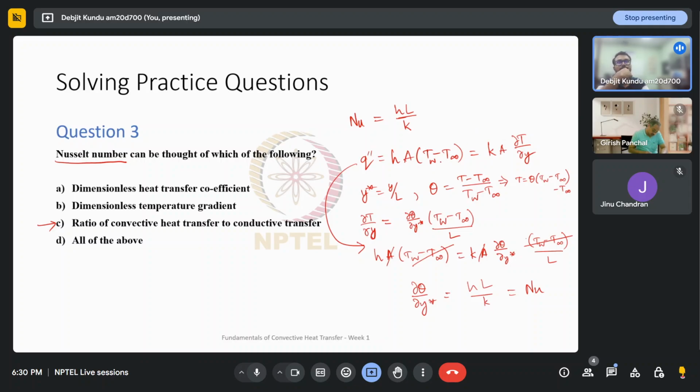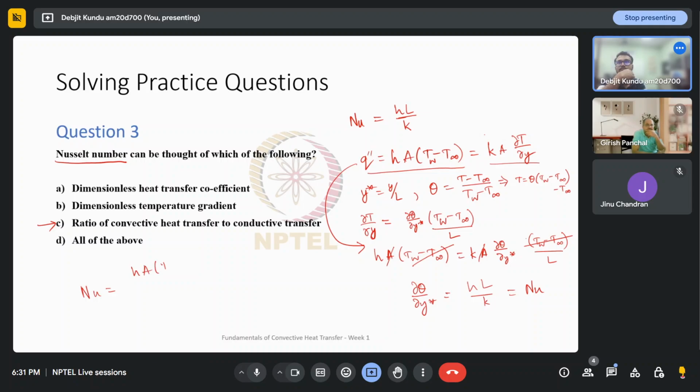Option C simply puts these two things together. So Q equal to hA into this temperature difference, that is the convective heat transfer, and Q equal to this kA into dou T dou y, that is the conductive heat transfer. If you take a ratio of those two, then once again you will achieve this form.